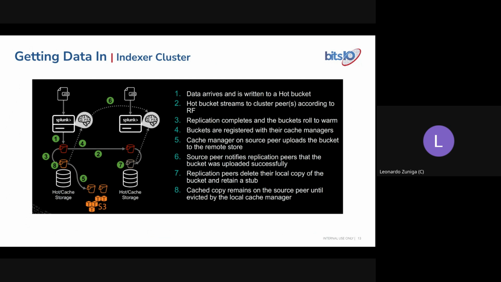When the replication is complete, the buckets move to warm state. The change of bucket state is also defined by the retention policies. When the bucket is in warm state is when it's uploaded to the remote storage.